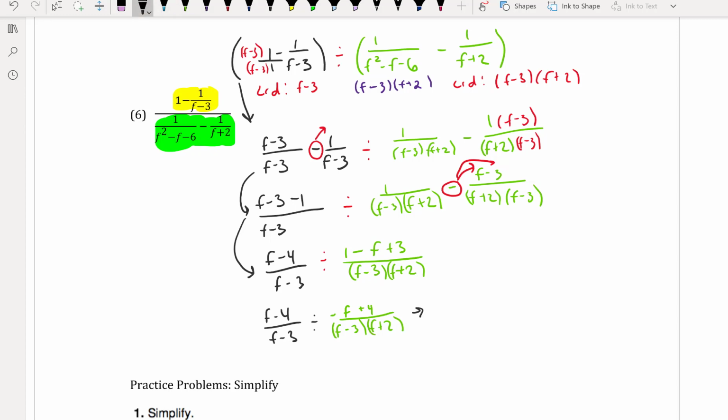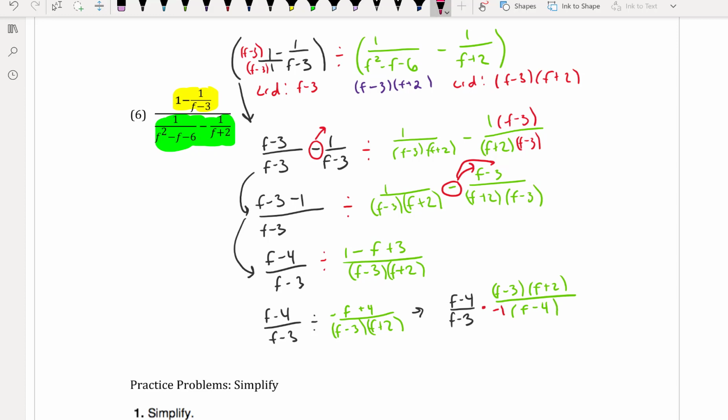Now this is where I am going to copy times and flip. So I have the f minus 4 over the f minus 3, so I just copied it, change it to multiplication, and now I flip it. So now I have f minus 3, and I have an f plus 2. And that denominator, what I can do is I can factor out a negative 1 from there, so that way I can have f minus 4.